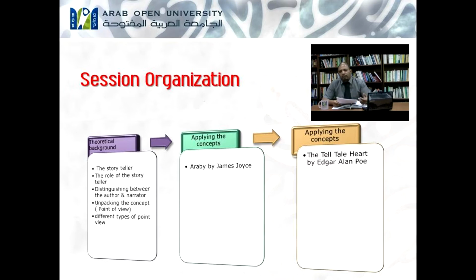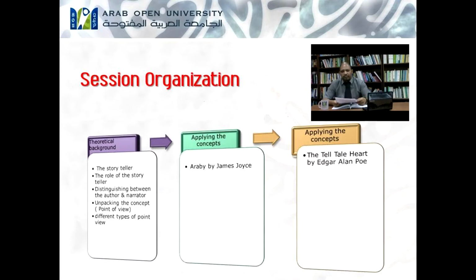And then when we're done with unpacking the concept of point of view and talking about its different types and kinds and how important it is for the short story, we're going to move on to the second part of the session, which is applying the concepts of part 1 in session 5 to the short story.